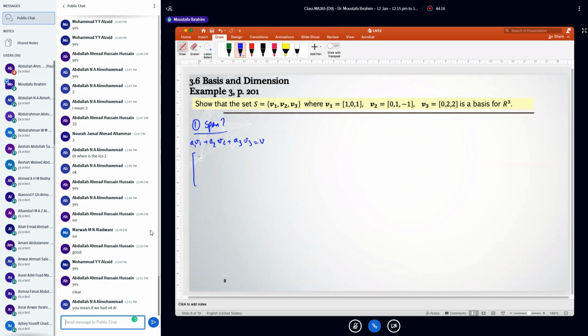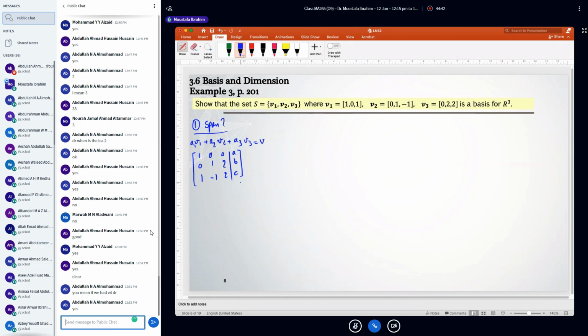V1 is 1, 0, 1. V2, 0, 1, negative 1. V3, 0, 2, 2. And B is ABC. Correct? Yes, yes, Abdullah. If we had four vectors in R3, it's not a basis for sure. Always R3. What's the dimension of R3? It's 3. You need 3 vectors, which are linearly independent and spanning.